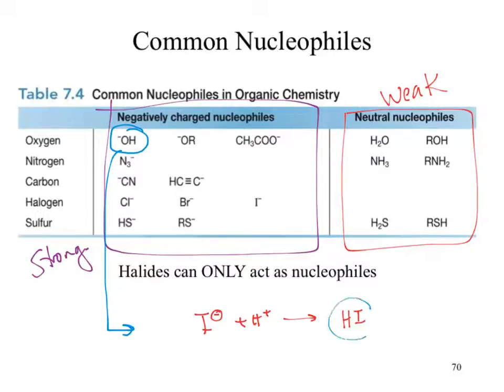And HI is a strong acid that by definition completely dissociates, which means it can't act as a base. So our halides tend to be very good in that respect. They'll act only as our nucleophiles. So acid-base chemistry plays a very important role in predicting nucleophiles and bases. Questions about that? Okay.